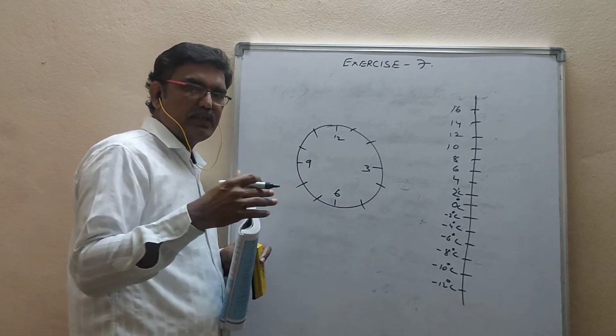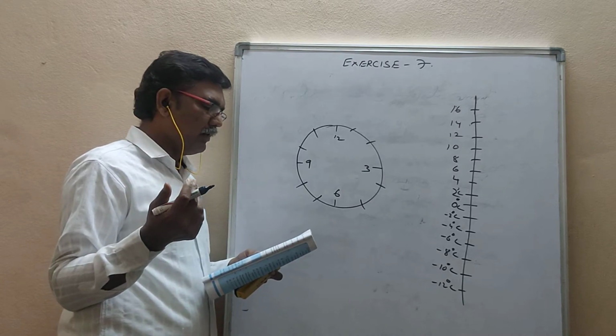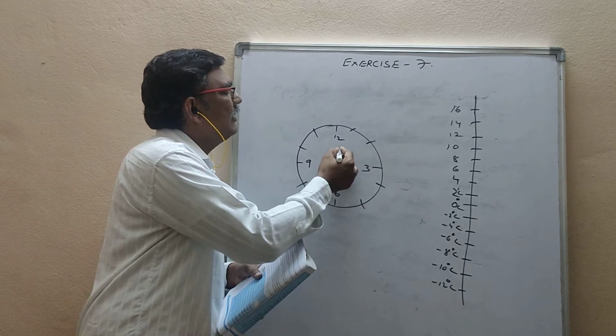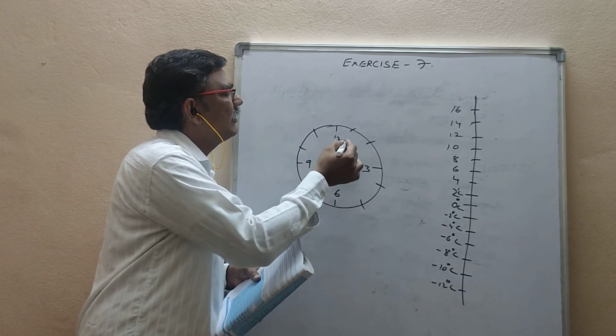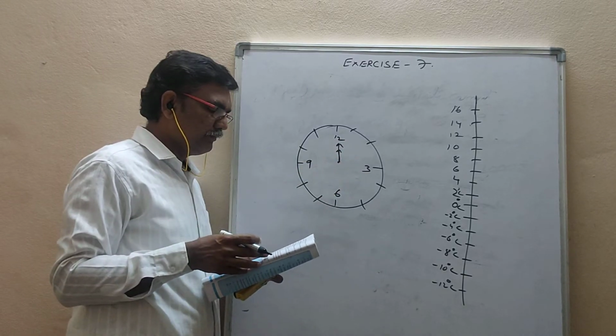Okay, it is just a watch. We assume that it is a watch. Then 12 noon means here it is center, hours hand, minutes hand. It is 12 noon. Noon means afternoon.